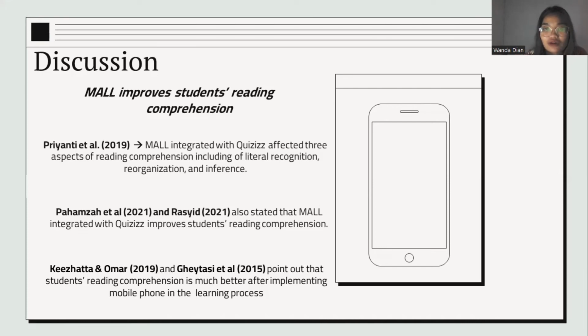All this reading comprehension improvement happens because of the integration of MOL in the learning process.